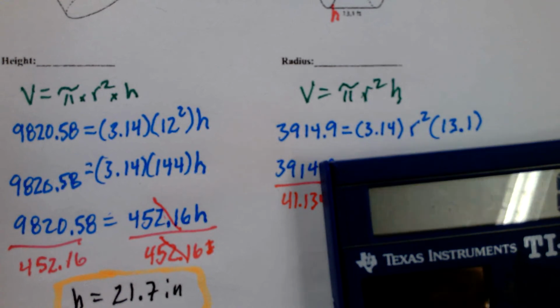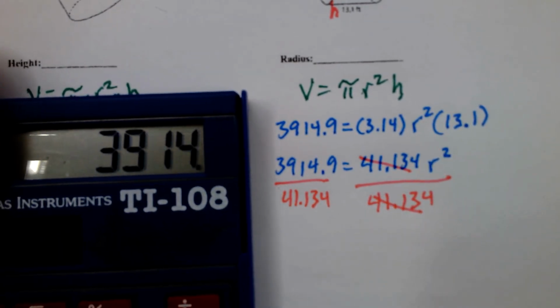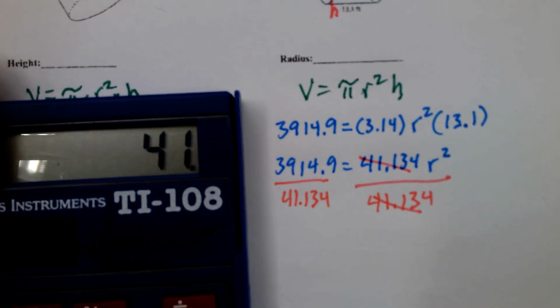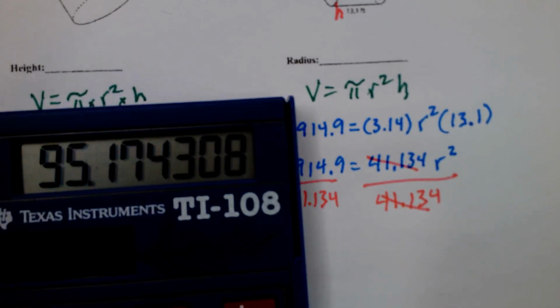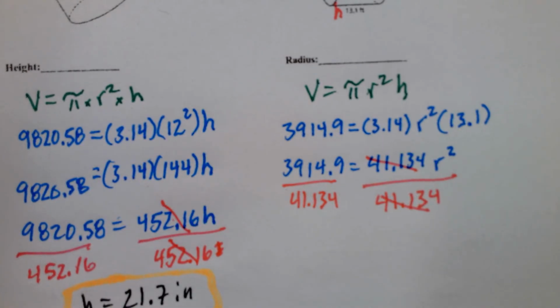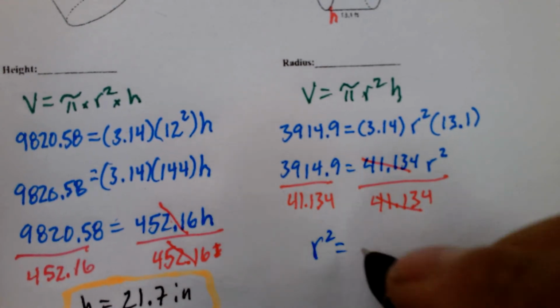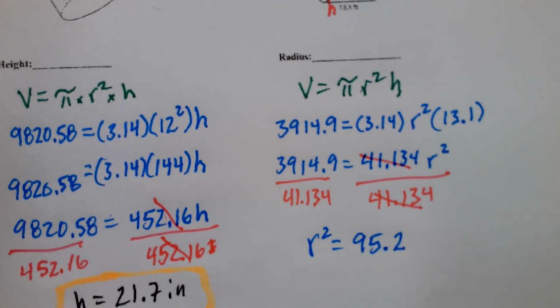On the other side, 3914.9 divided by 41.134. I think we'll round it to the nearest tenth: 95.2. So r squared equals 95.2.